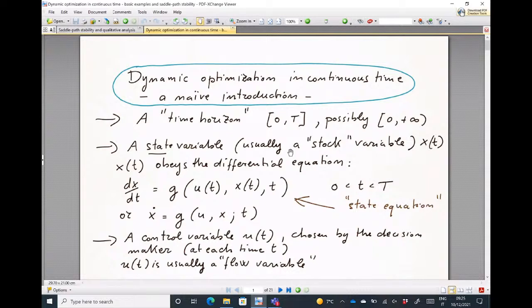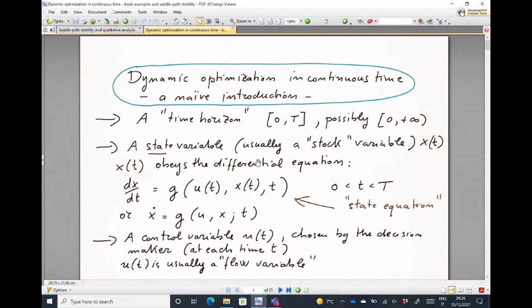So a dynamic optimization problem in continuous time has a time horizon from 0, now, t equal to 0, to some terminal time. Possibly it is from 0 to plus infinity. I would say in many models it is from 0 to plus infinity. Especially in macroeconomics, when there is, let's say, a representative consumer maximizing the utility over an infinite time horizon, okay?